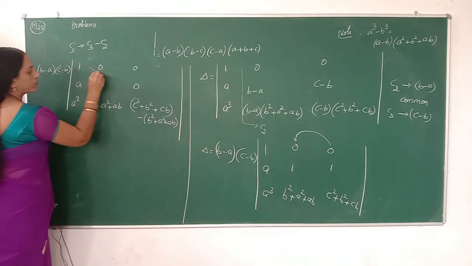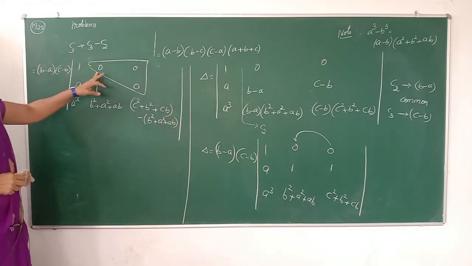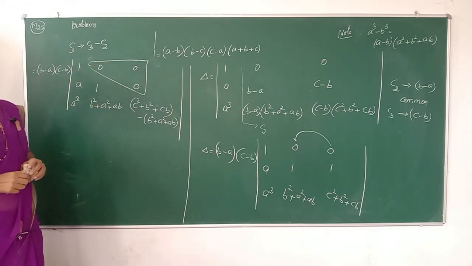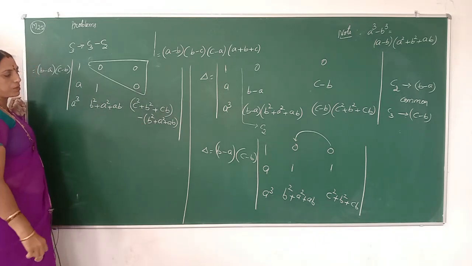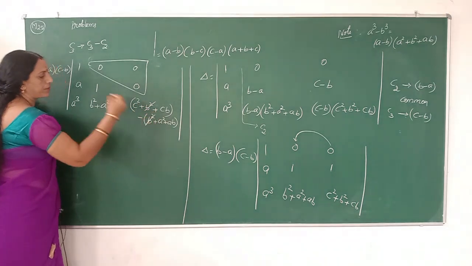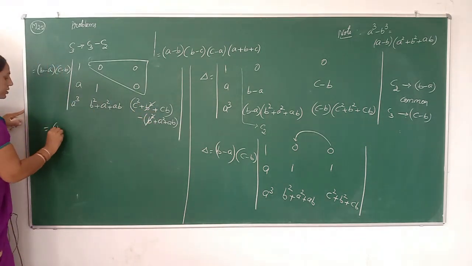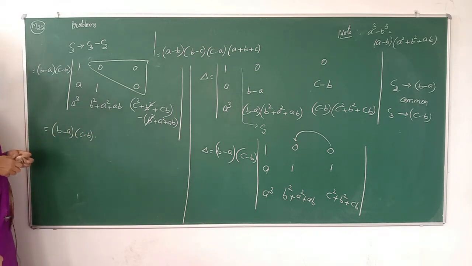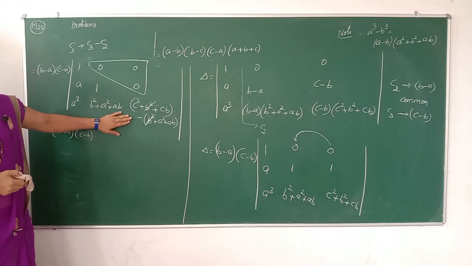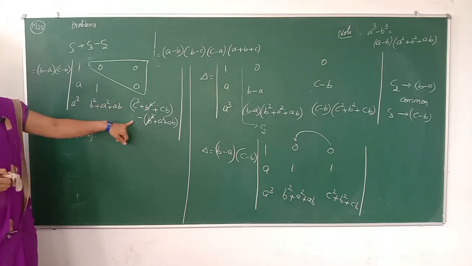After that, by using the properties of the determinant, if one side of the diagonal elements is 0, in the third element we can simplify: b square minus b square gets cancelled, and the remaining is (b minus a)(c minus b) times the determinant, whose value is the product of the principal diagonal elements.